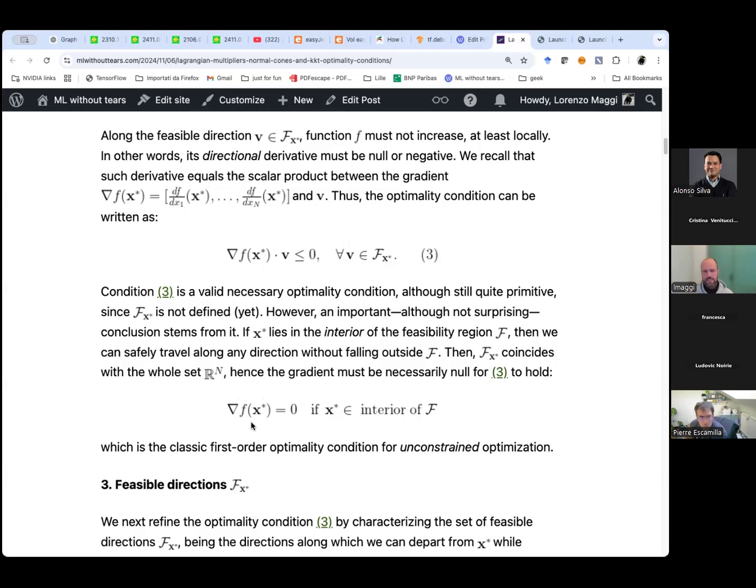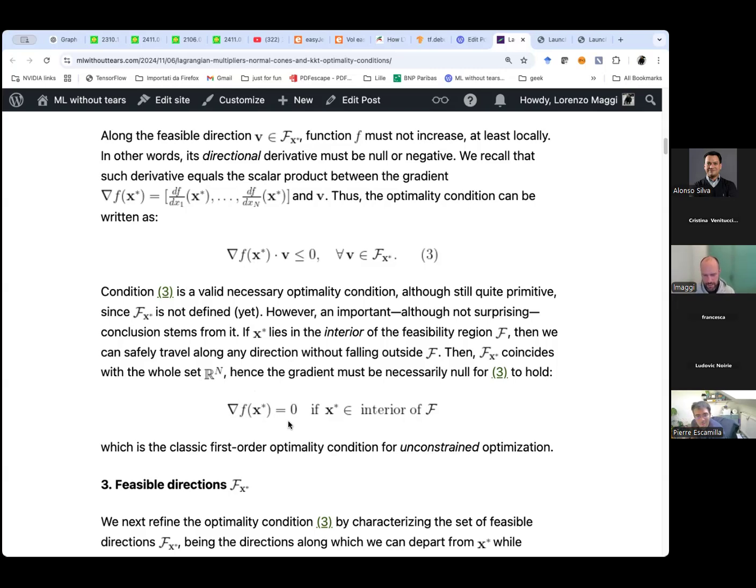This stems directly from this, because if it were not equal to 0, then there would always be a direction over which you can stay in the feasibility region that is aligned with the gradient. And in that case, the scalar product will be positive. So the only way for it to hold if x star is inside the feasibility region is for the gradient to be equal to 0.